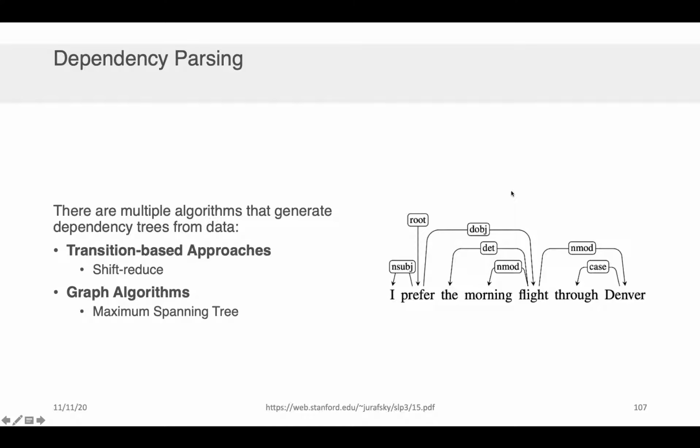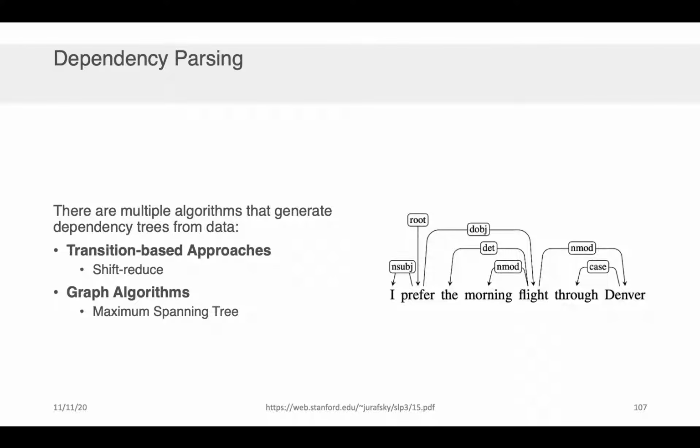Okay, now there are multiple algorithms that generate dependency trees from your data. There are 2 that I'm going to mention, one of which I'm going to go into in some level of detail. These are transition-based approaches.